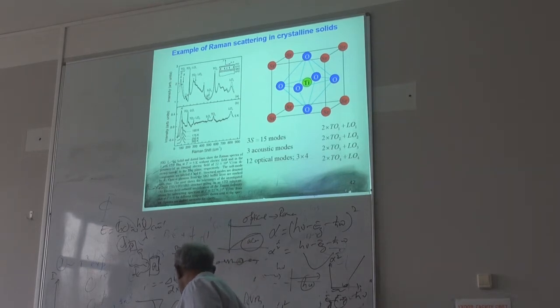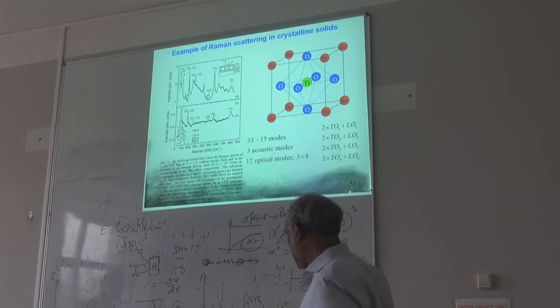Transverse means if you have two atoms, either they both go up from here or they both go down. Longitudinal means if one goes up, the other one also goes the same direction. Here actually I didn't get it right. So that's what TO, LO, all these things mean.